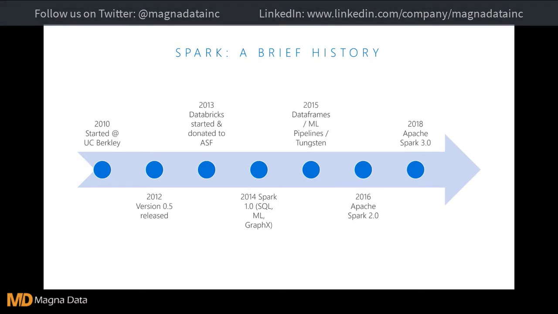And we'll cover this a little bit in future slides. 2015 was when they introduced data frames, ML pipelines, and Tungsten. 2016, Apache Spark 2.0, and 2018 was Apache Spark 3.0, which is the current release version.